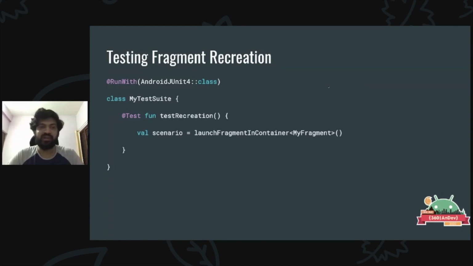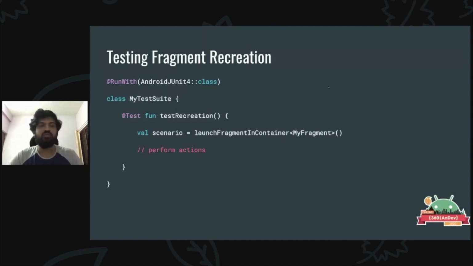And this is a good reminder to always pass arguments to your fragment and not use different constructors or setter methods to actually set different values that are to be used in the fragment. Please use arguments. Now, once you have the scenario, you can perform different actions that you want.